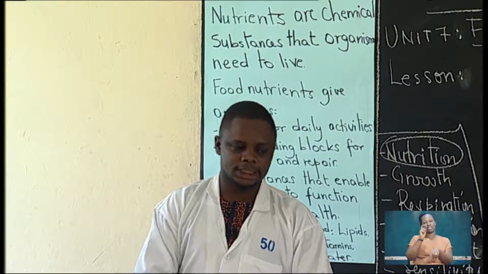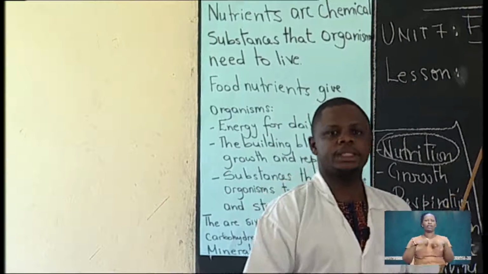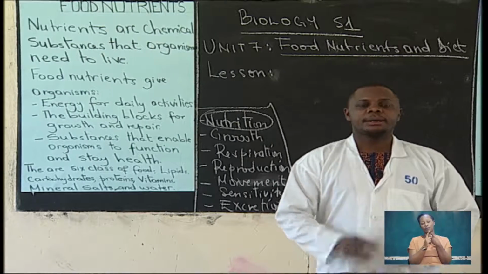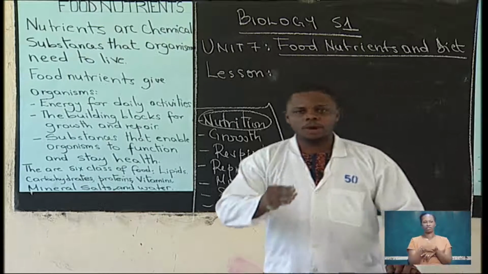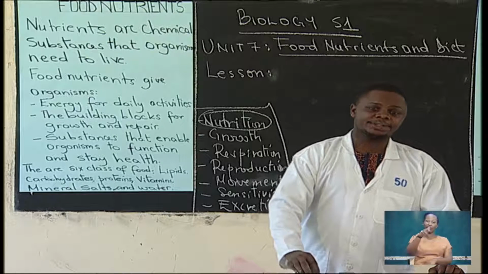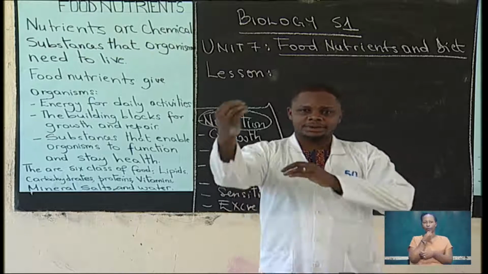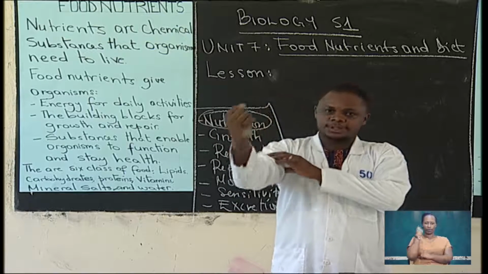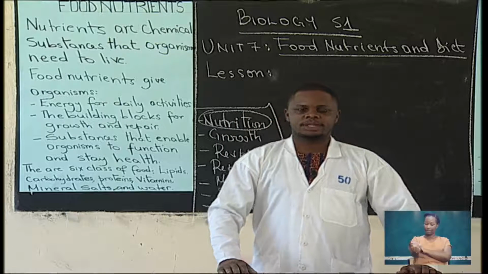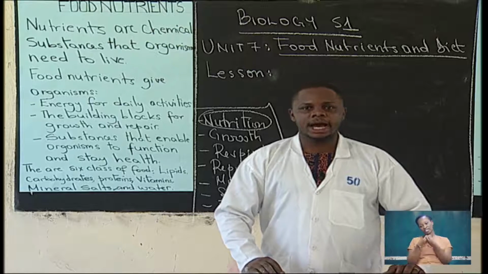When we say daily activities that organisms do, we can give different examples. One of them is movement. Moving from one place to another needs energy. That's why organisms have to get nutrients. Contraction and relaxation of muscles. This is an activity which needs energy. Remember, we have different organs in our body, like the heart.